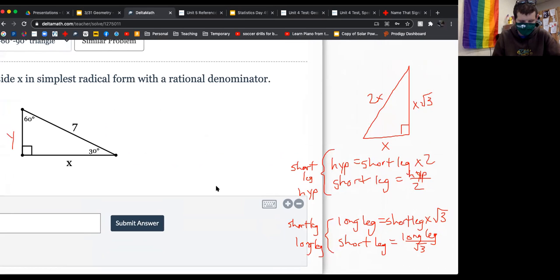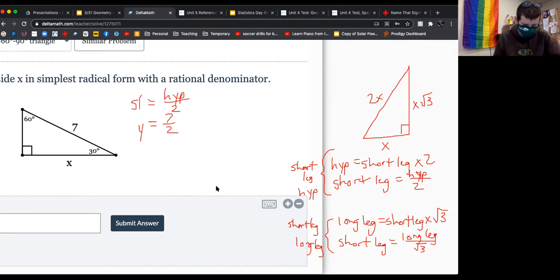There it is. The short leg equals the hypotenuse divided by 2. So that's going to be our unknown y is 7 divided by 2. And in this case, we don't want to actually plug that in and get a decimal answer. We just want to leave it as is. So it's going to be 7 divided by 2. And that's what we can leave it as.